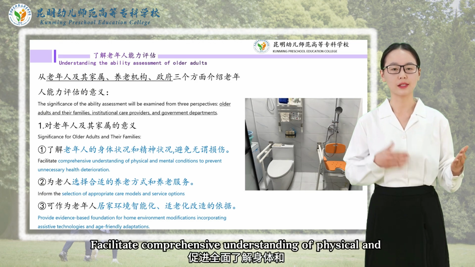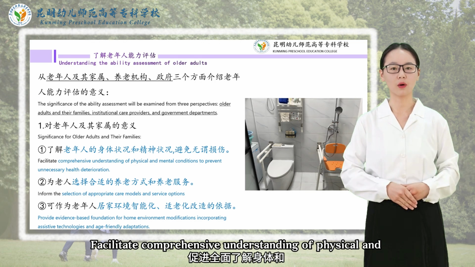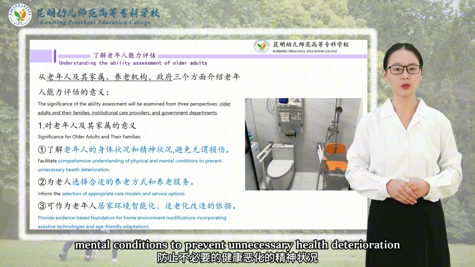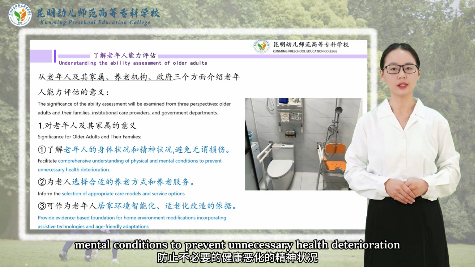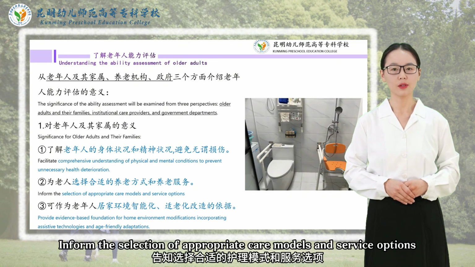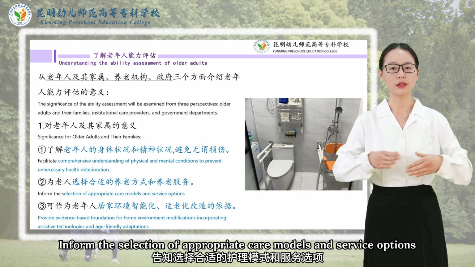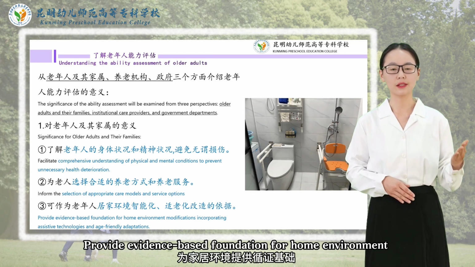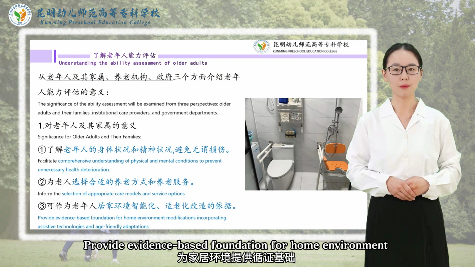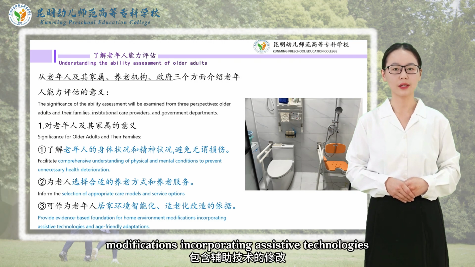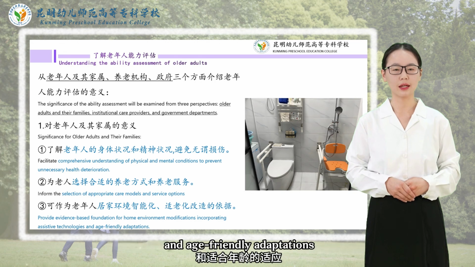Facilitate comprehensive understanding of physical and mental conditions to prevent unnecessary health deterioration. Inform the selection of appropriate care models and service options. Provide evidence-based foundation for home environment modifications incorporating assistive technologies and age-friendly adaptations.